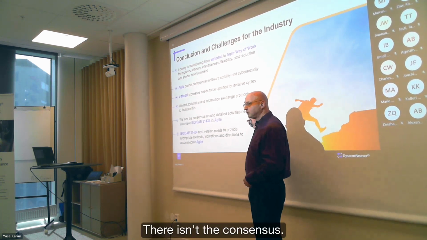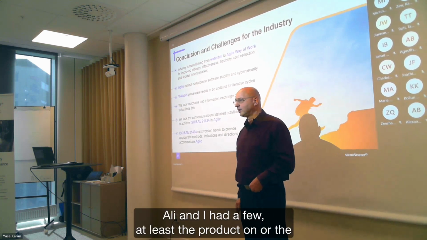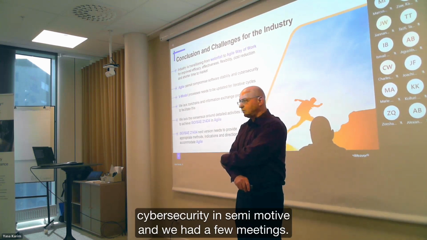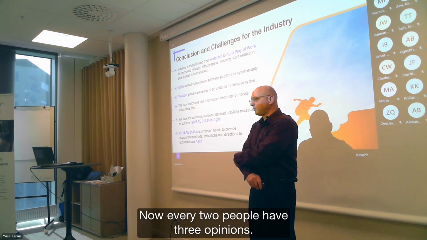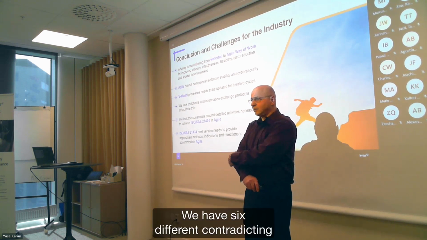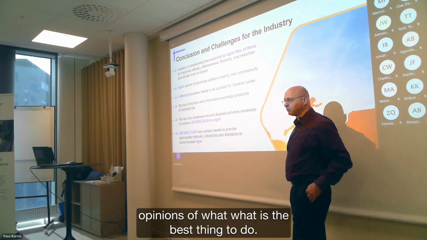There isn't a consensus. Ali and I had a few meetings. Ali is the product owner of cybersecurity in Automotive. Every two people have three opinions. We have six different, contradicting opinions. So what is the best thing to do?